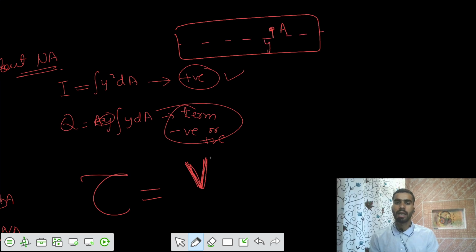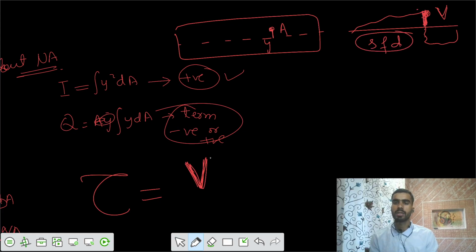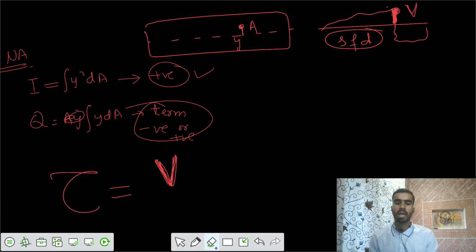On this point there would be some shear force, let's say some function V. Based on the SFD, you can calculate the shear force on that particular section. Shear force V. And we also have that A y bar that we also call Q.